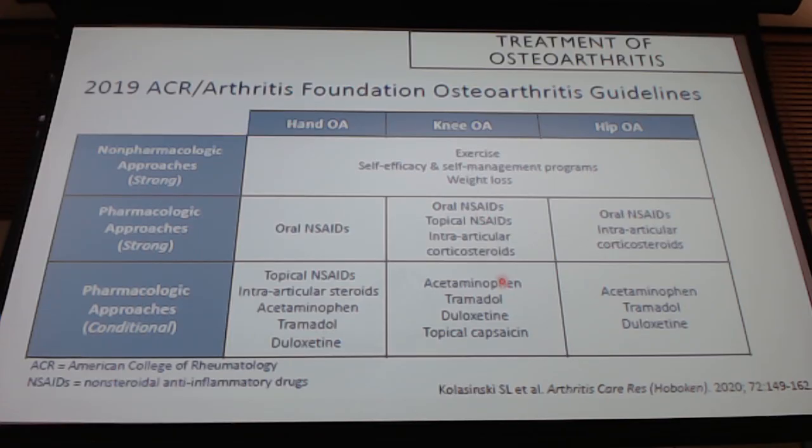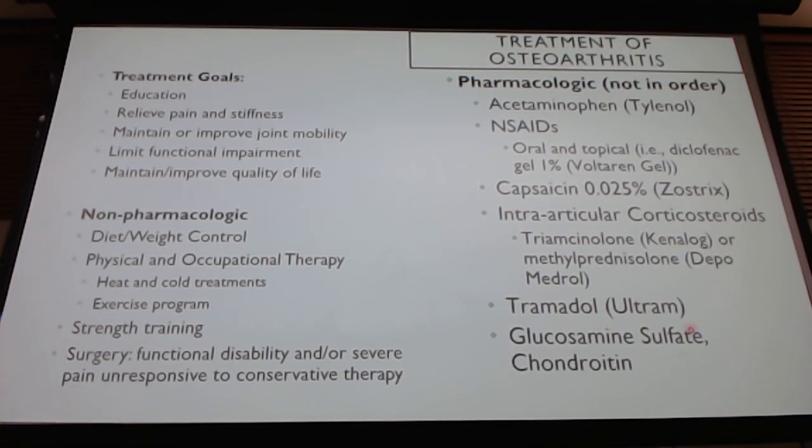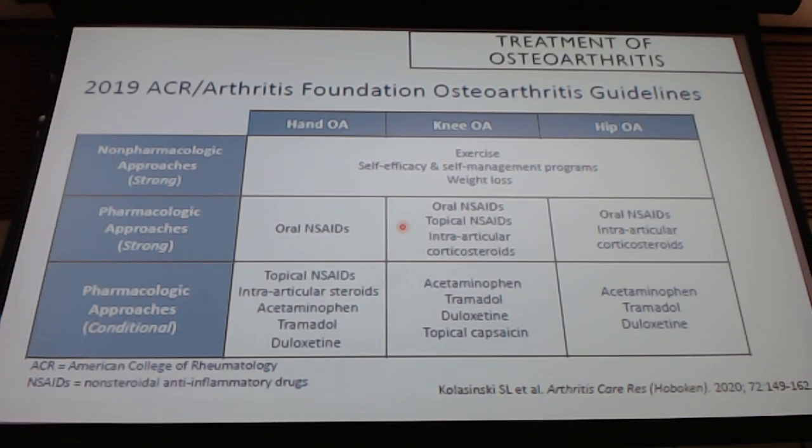Looking at your knee, you see again, I have orals, I have topicals, I have all those different options. So the core backbone of what you're going to pick is going to be one of these medications depending on where they are presenting, okay? All the way across, whether it's their hand, their knee, their hip, I see that I can always use that oral NSAID as a strong option.